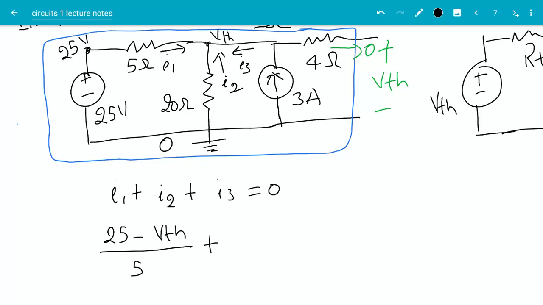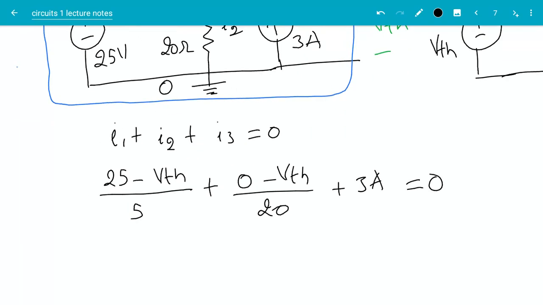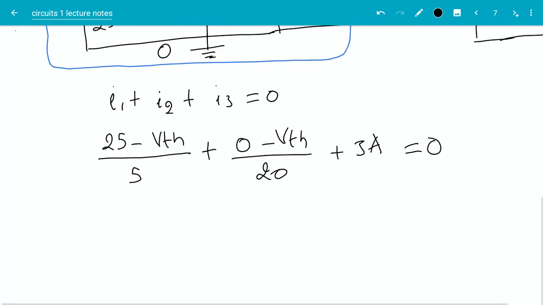Plus I2, which is the voltage drop from bottom to top: 0 minus VTH divided by 20. Plus I3, which is equal to 3 amps. And this is equal to 0. All I need to do is solve this, so I'm going to pause the video and solve this.